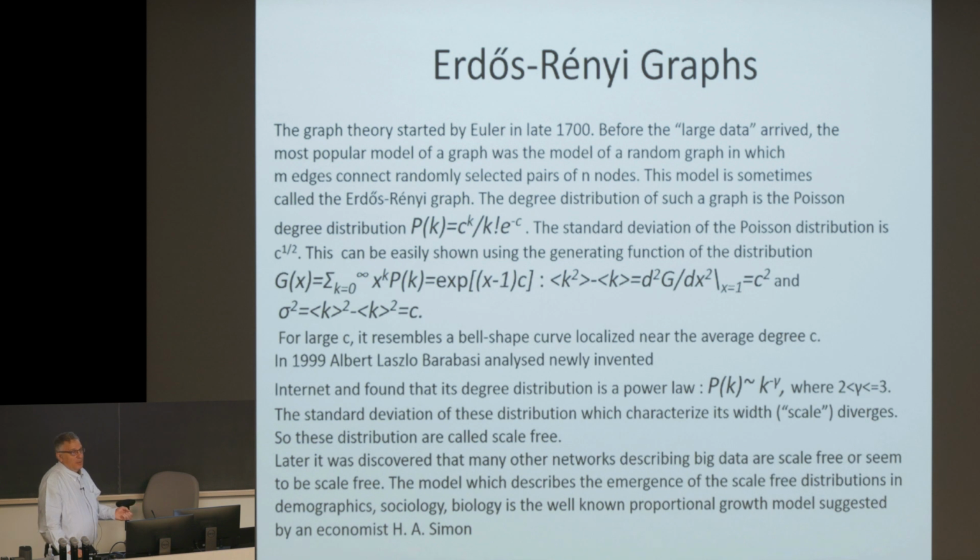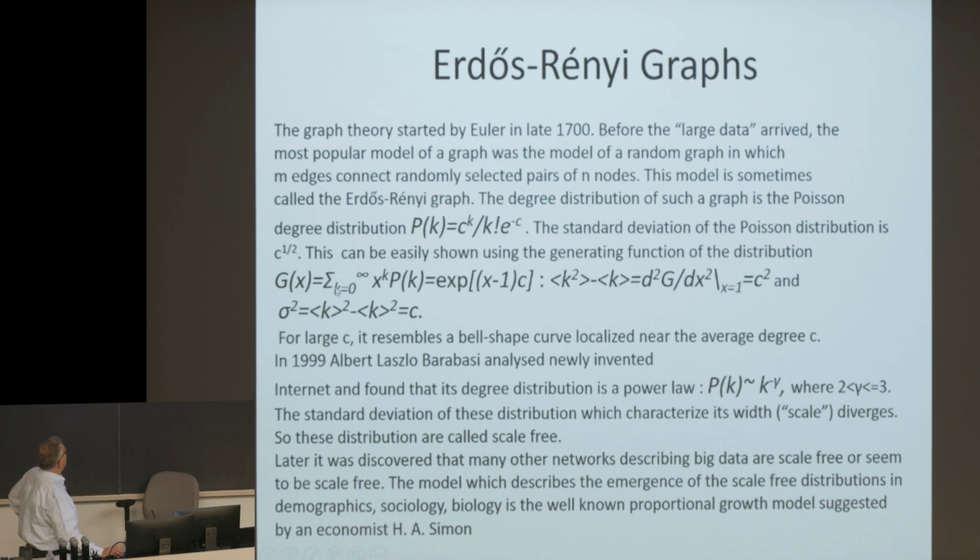This is a problem from combinatorics, and the answer is a Poisson distribution, given by this very beautiful formula. The probability to find a particular degree k is equal to the average degree c to the power k divided by k factorial, with a normalization factor e to the minus c, because the sum of these p of k by definition must be equal to 1.